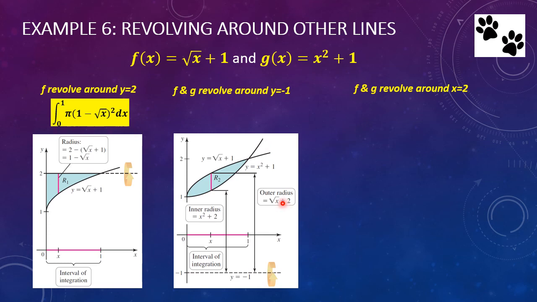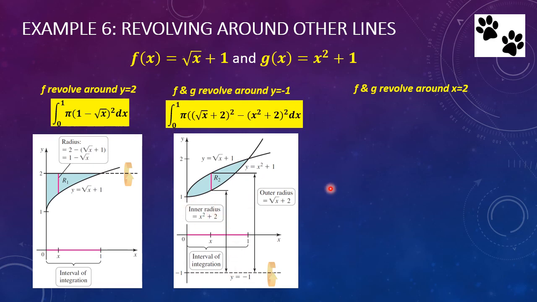And then the inner radius is x squared plus 1, again plus another 1, so it'll be x squared plus 2. And so here we have a washer problem with the outer radius, the square root of x plus 2 squared, minus the inner radius, x squared plus 2 squared. Okay. So pi r squared minus pi r squared.